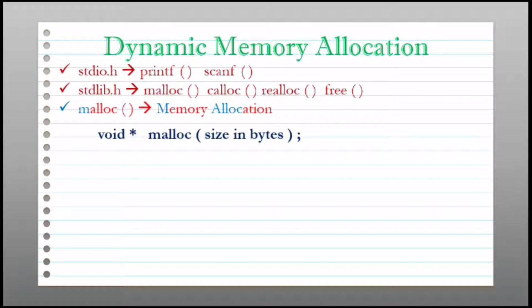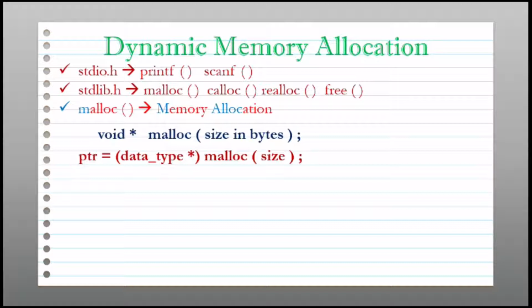Now we will see how we can use this malloc function. So this is the syntax of using the malloc function. Here ptr is a pointer variable which is used to save the address of the first byte of the memory block.